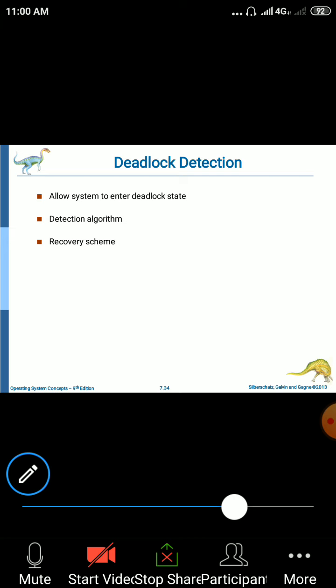If deadlock occurs, what does the system have to do? The system must provide an algorithm that examines the state of the system to determine whether a deadlock has occurred or not, and next an algorithm to recover from the deadlock.